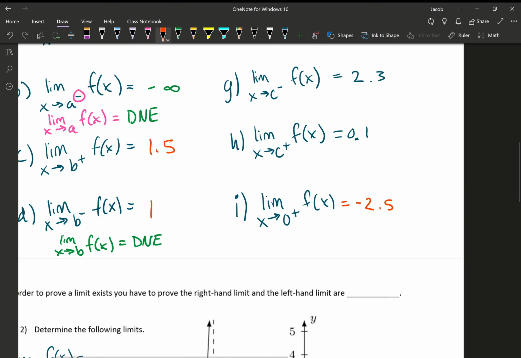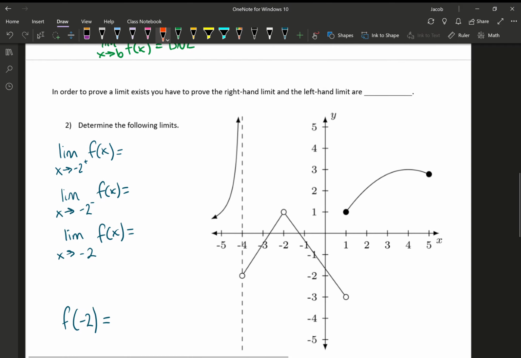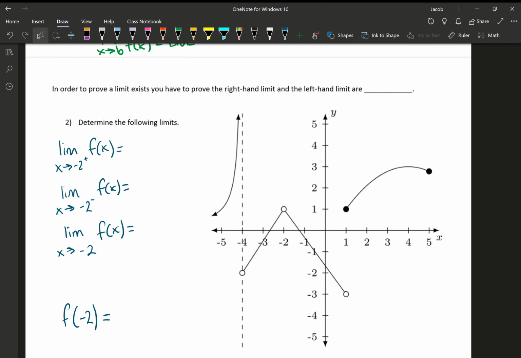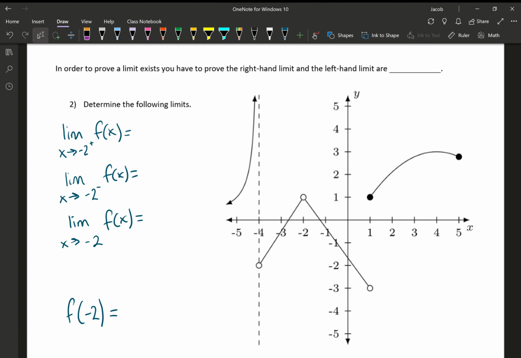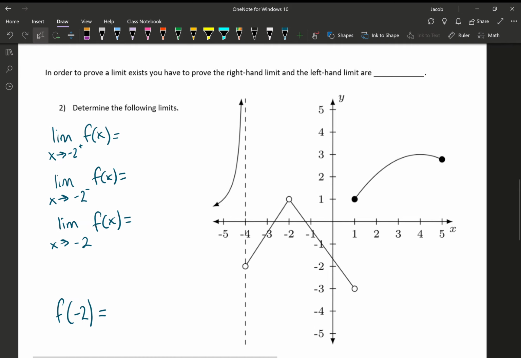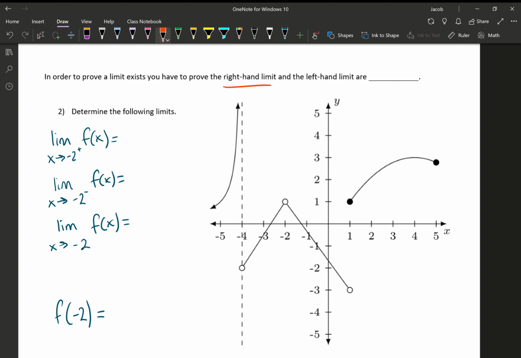Alright, so there's some examples. Now, we're going to make sure we have this logic down about proving a limit exists. You have to show that the right hand and left hand limits are equal. So for the left side of, or the right side of negative 2, which is right here, that limit is 1.